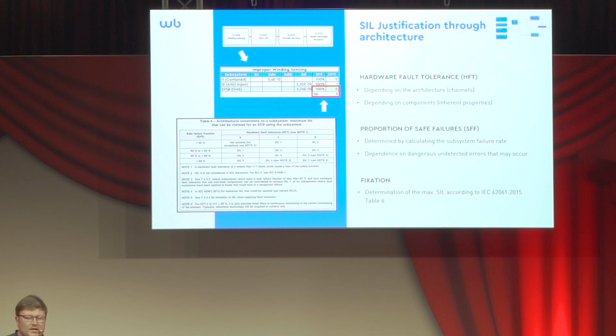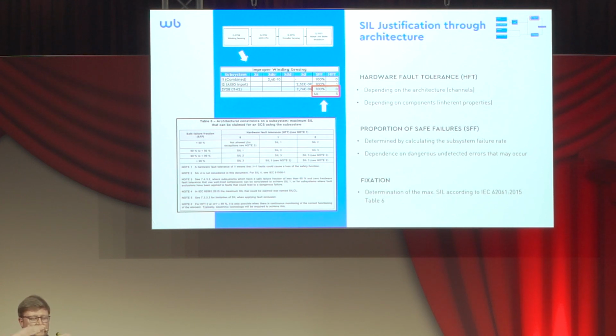And also, depending on one of the results I had during the calculation, I can say I've got a certain proportion of safe failure fraction, which means my subsystem can have safe failures. So I can have a problem with one of my components, but it's not dangerous. Or I have a certain part where I can have an issue with my component, but in this case, it's dangerous. Like easily a contactor can be, depending on the case.